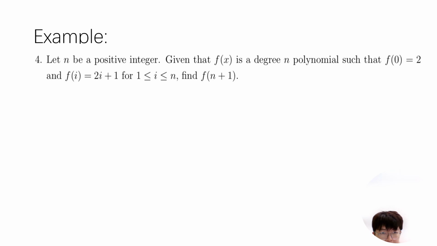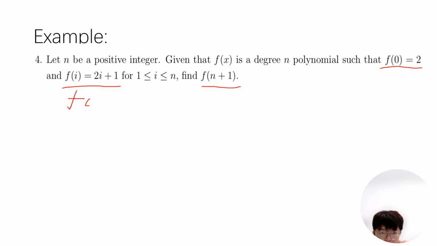Let's see this last example. Let n be a positive integer, and we have f(0) is 2, f(i) is 2i plus 1, and we should find f(n plus 1).